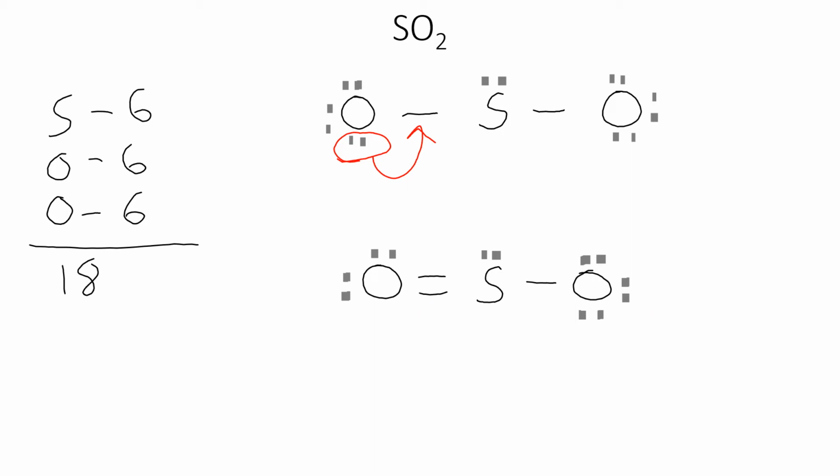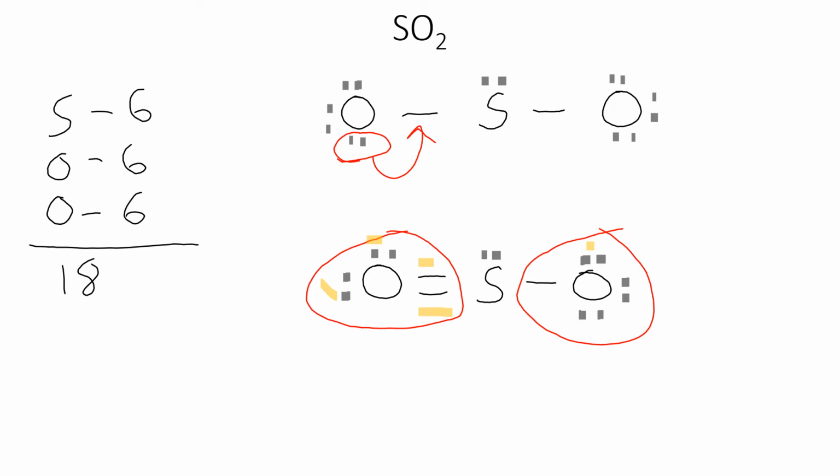So starting with the outer oxygens, do I still have octets set up for these? And the answer is yes. I still have my octets, which I need. 2, 4, 6, 8 electrons are on the oxygen on the left, oxygen on the right, 2, 4, 6, 8. So the oxygens are still good.